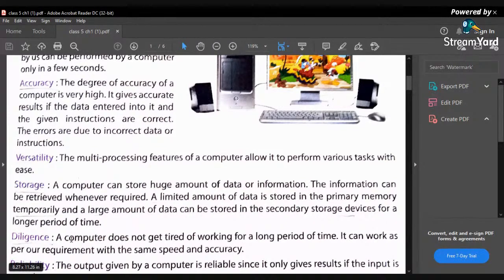So we say this in this point: your point is versatility. You do multiple work with the help of the computer.